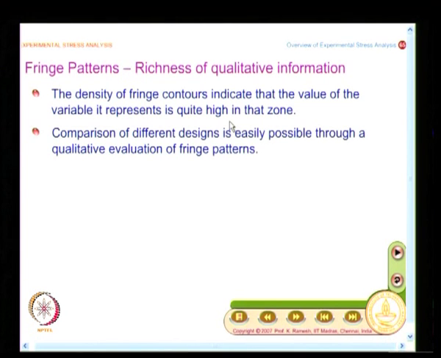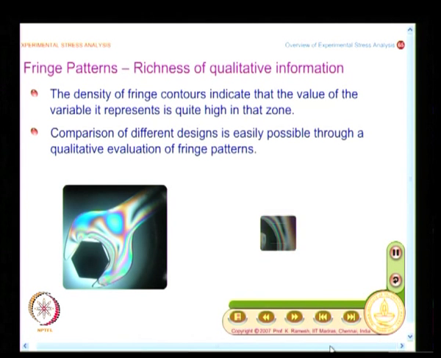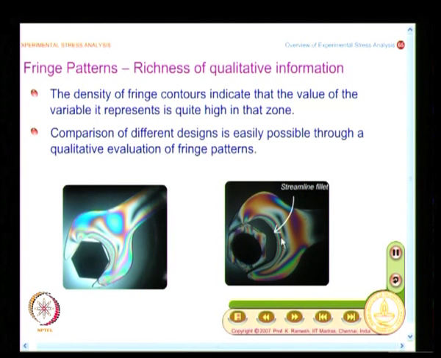So, it is used as an optical comparator, and one simple example is given. I have an example of two different types of spanners, and in one case I have given this as a streamline fillet. Let us understand what the idea is here, and you are all mechanical engineers.